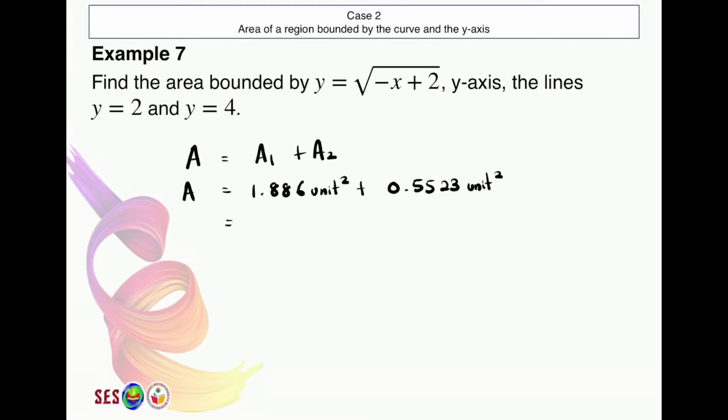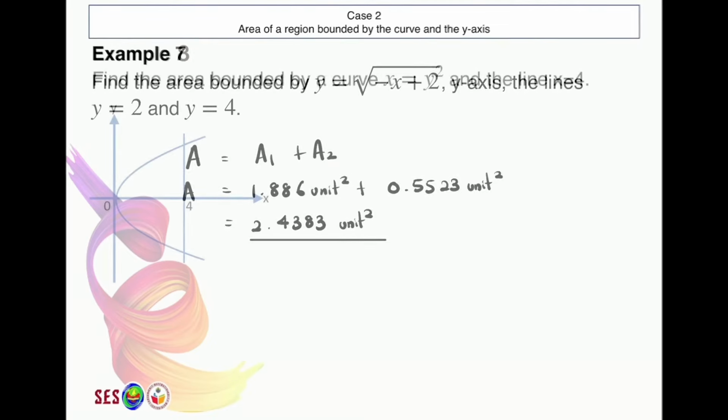So you add them up and you'll get 2.4383 unit squared. So this will be our total area bounded by the curve, the y-axis, the lines y equals to 2, and also y equals to 4.